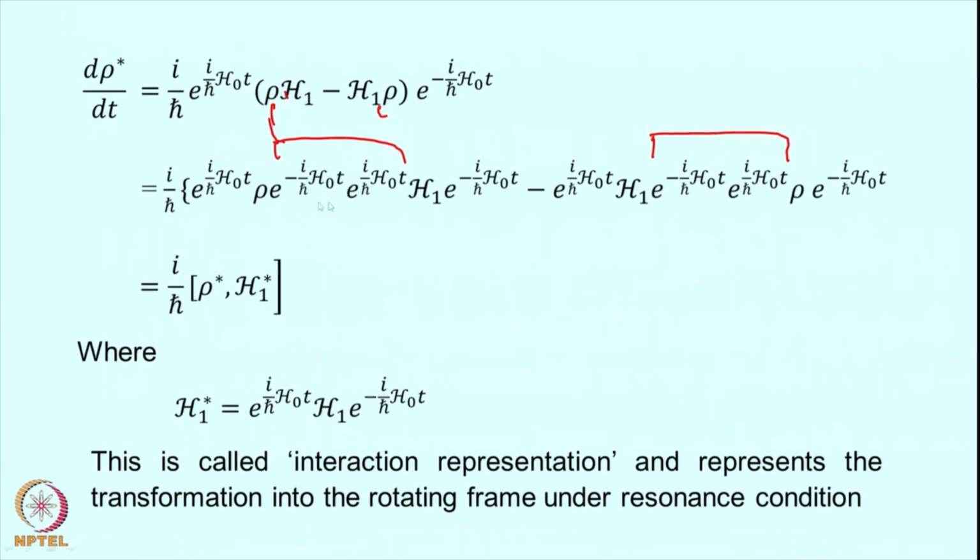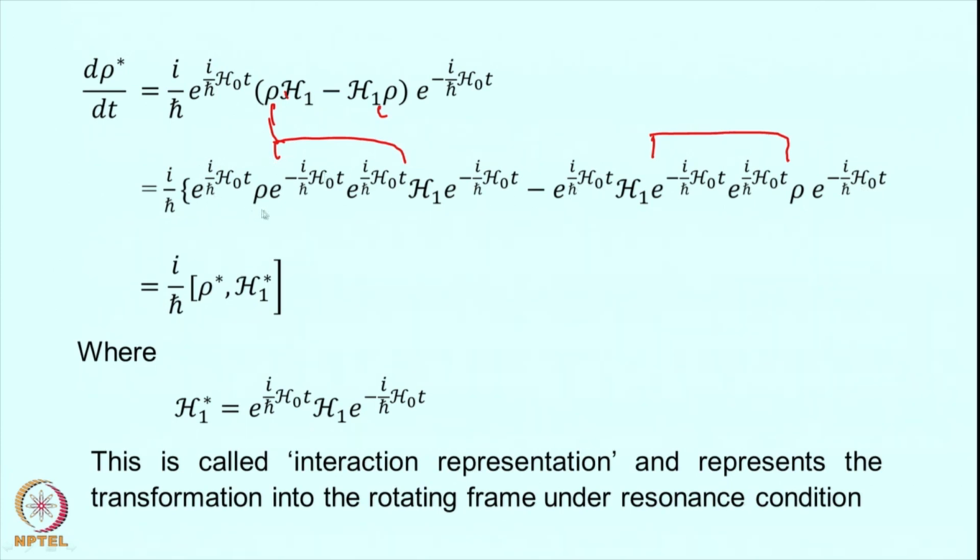So I put this in between, and then this H1, and this e^(-i/ħ H0 t) is here. And similarly for this I have this e^(i/ħ H0 t) that comes from here, this term, then H1, then again in the middle I introduce this 1, taken as a product of these two quantities, which is actually 1, and ρ e^(-i/ħ H0 t). Now we notice something very interesting happening.